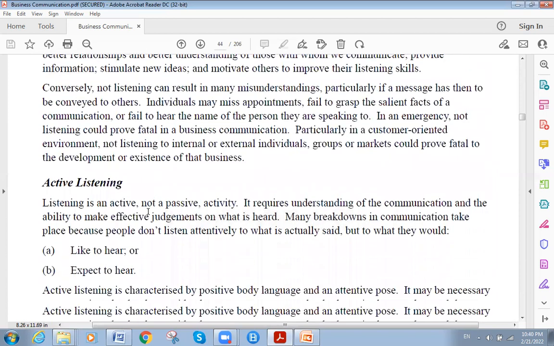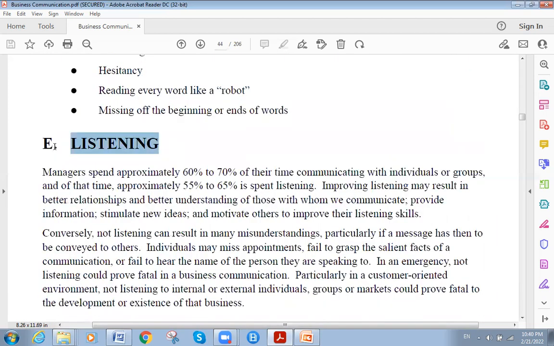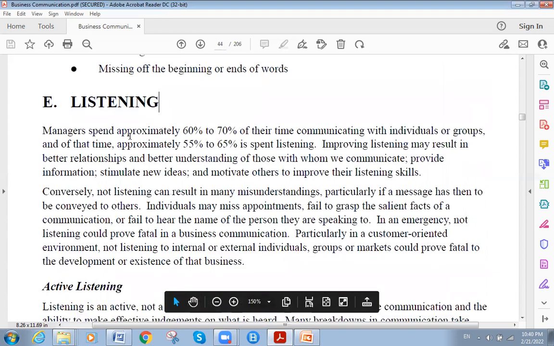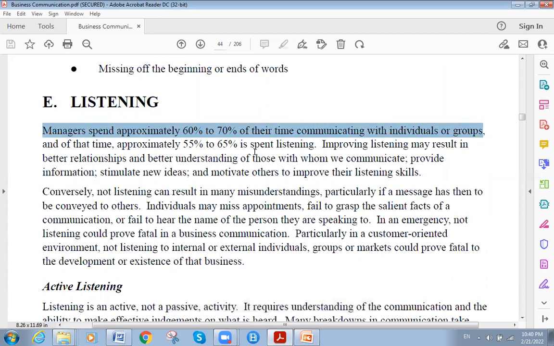Here we go. The next communication skill is listening. Managers spend approximately 60 to 70% of their time communicating with individuals or groups, approximately 50 to 65% of it in listening.